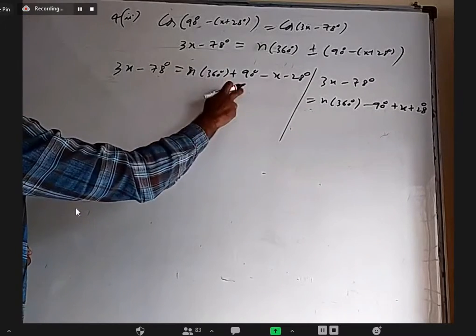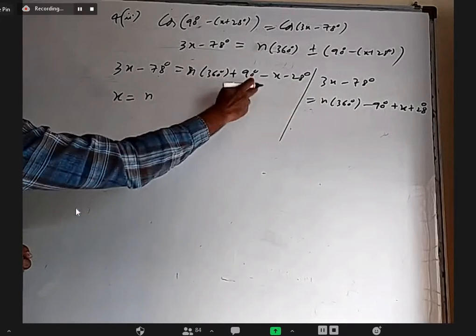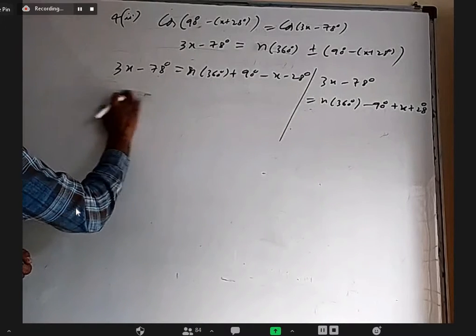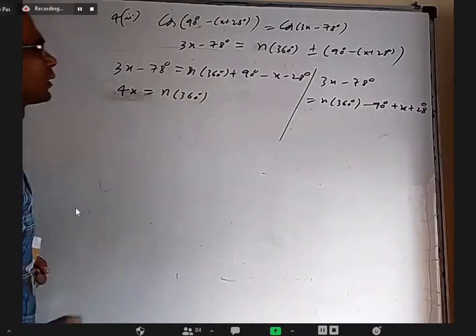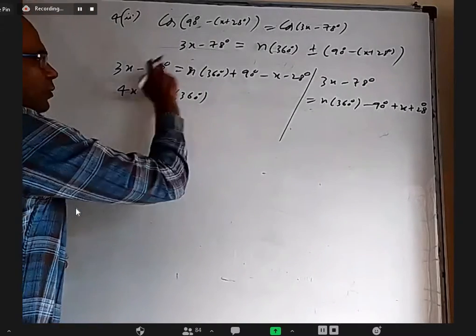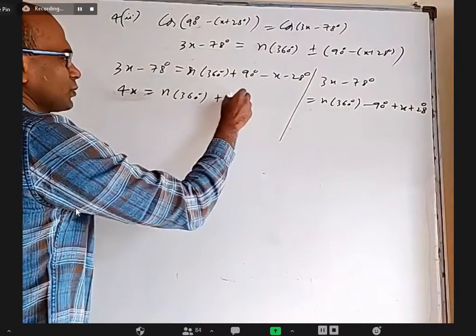Okay, I can send the 78 that side and divide with 3, then what will happen? This will be n in, no, 4x will come first. 4x is equal to n into 360. From 78, if I remove 28, I will get 50, so 140 degrees.